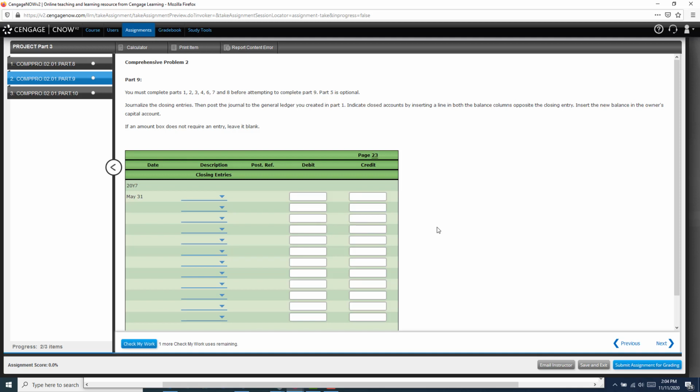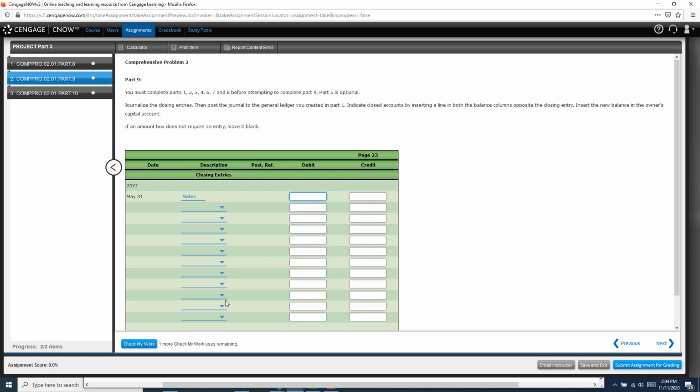So the normal balance of those accounts, so sales, normal, is a credit. And whatever that balance is, now we have to debit that sales account. So sales, and then input the balance of the sales account. Then we have to select all of the expense accounts here.